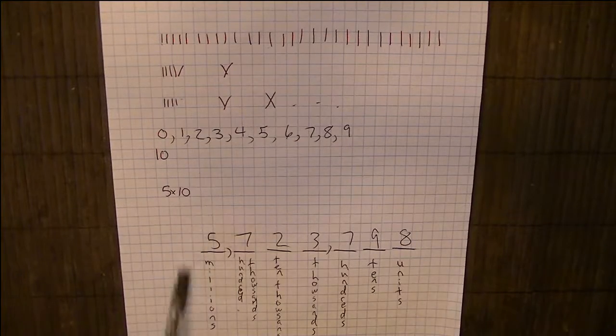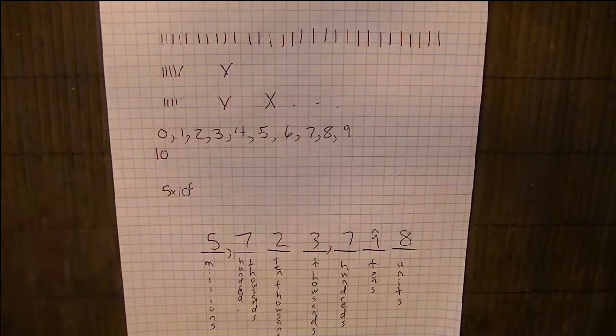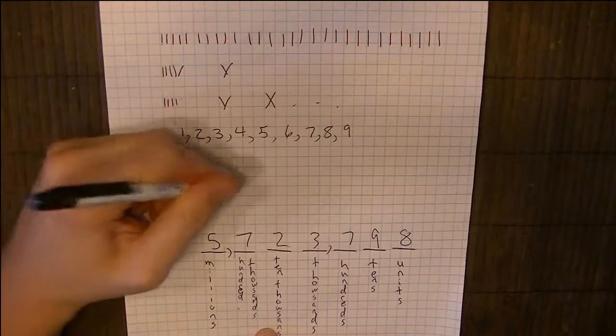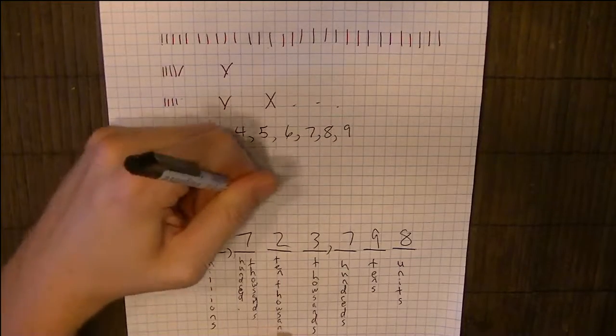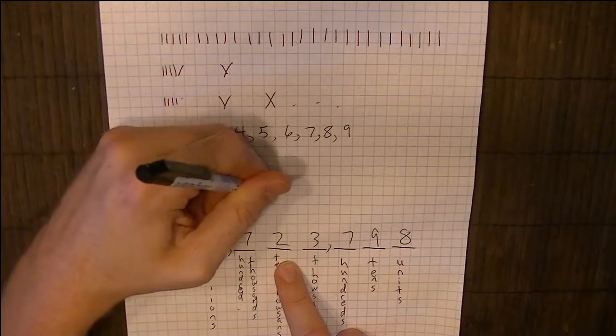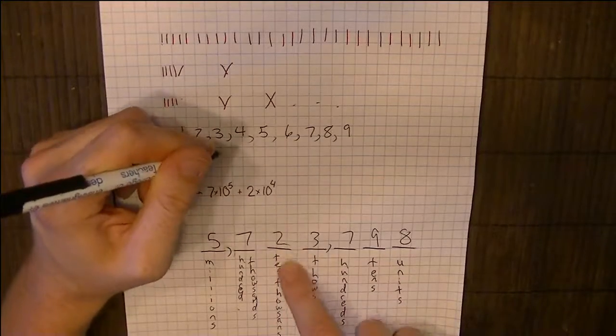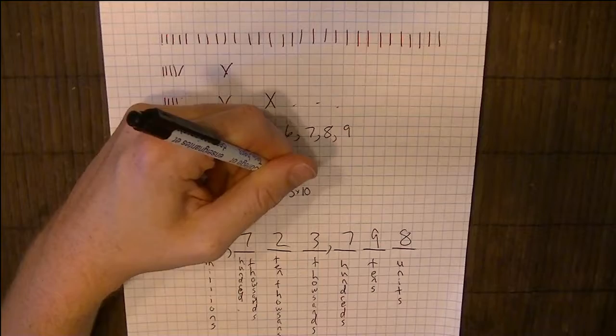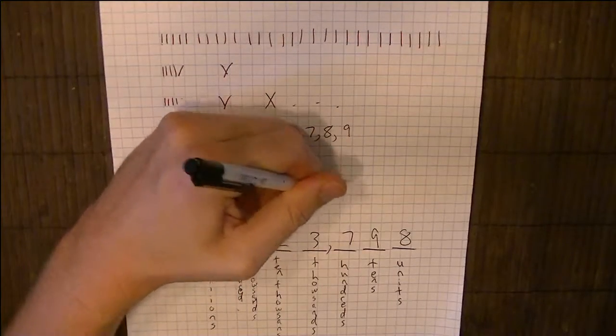So this 5 millions is 5 times 10 to the power of 6. And then we have 7 times 10 to the 5. And we have 2 times 10 to the 4, the ten thousands. And then we have 3 times 10 to the 3.